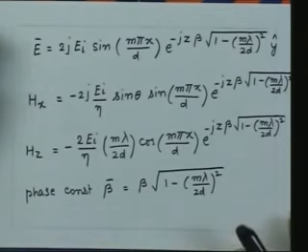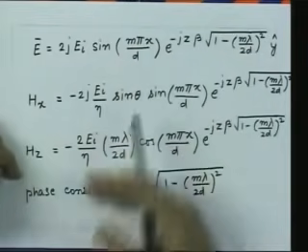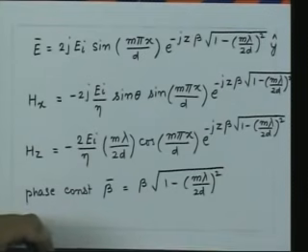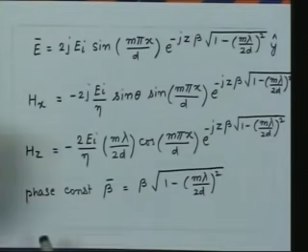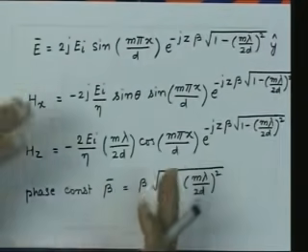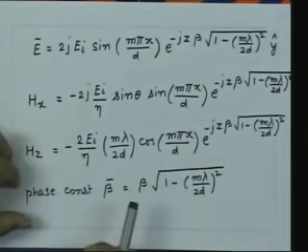What that means is that for these fields to survive inside the structure, I must have a value of m which is an integer but non-zero, because for m equal to 0 all these fields will identically go to 0. That means these fields cannot survive inside the structure.